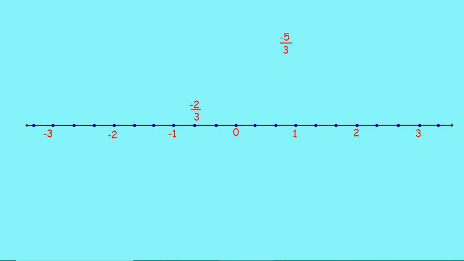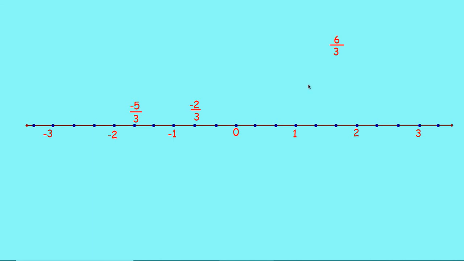Then can you say where -5 by 3 lies? -5 by 3, you have to count. Here it is 0, -1 by 3, -2 by 3, -3 by 3, that is -1, -4 by 3, -5 by 3. So this will be -5 by 3.